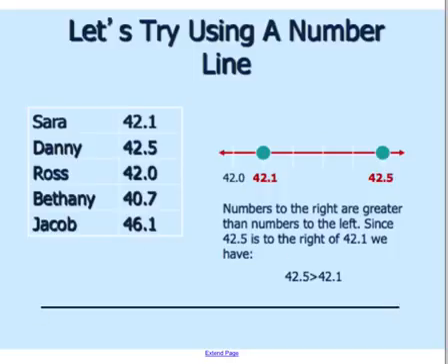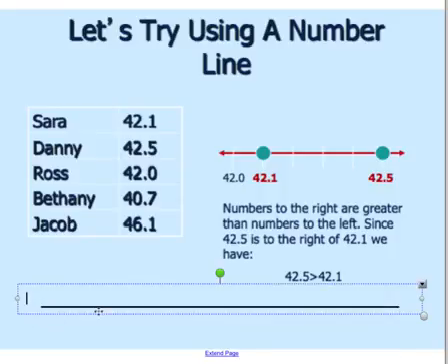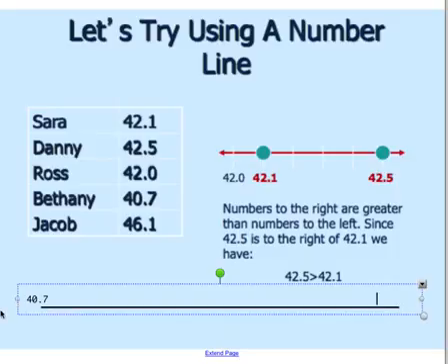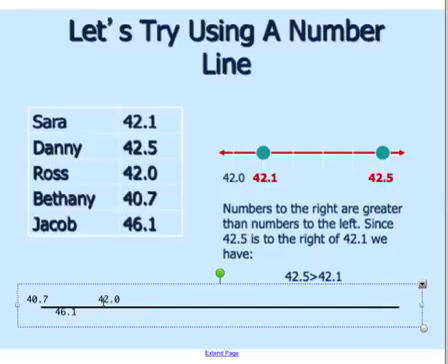We would have the 40.7 down here, and 46 1/10 at the end, because that's the largest number, and the rest of the numbers are all going to fall into place. 42 0/10, 42 1/10, 42 5/10, and I'll move this back.